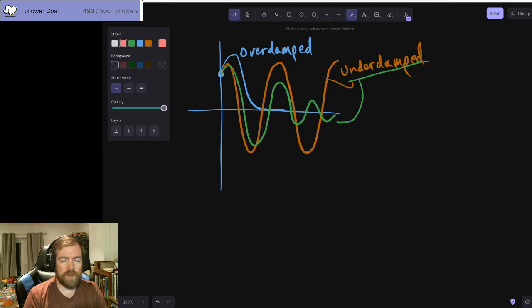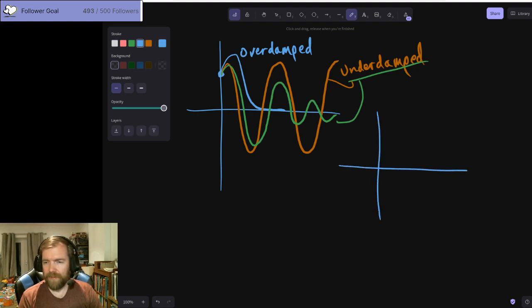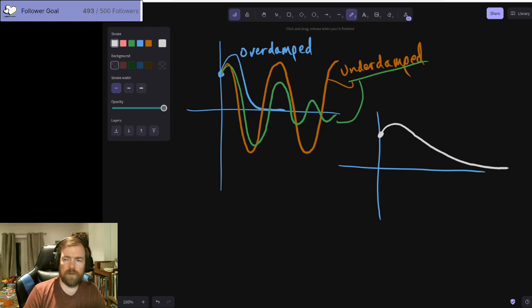Alright, and then we have the awesome one, which is our critically damped system. I'm going to have to rewrite this somewhere else. It's just getting too busy. So our critically damped system will look sort of like the overdamped, but as it starts sinking down, it's almost linear in the way that it sinks toward its equilibrium, rather than the very clearly exponential version that we have for the overdamped.